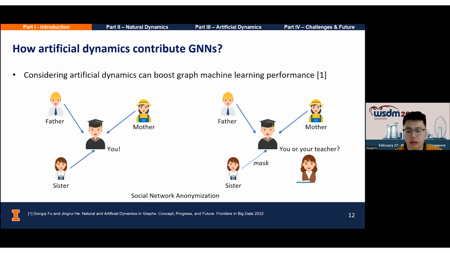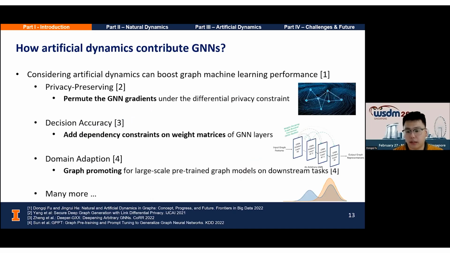Considering the artificial dynamics can also contribute to other graph neural network applications. For privacy-preserving needs, we can permute the graph neural network model gradients under differential privacy constraints to generate secure graphs.